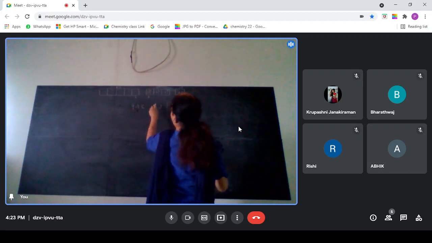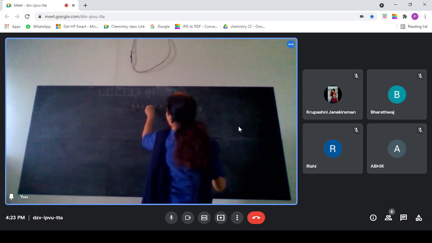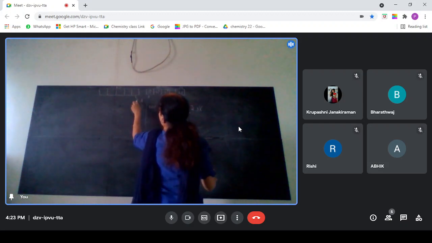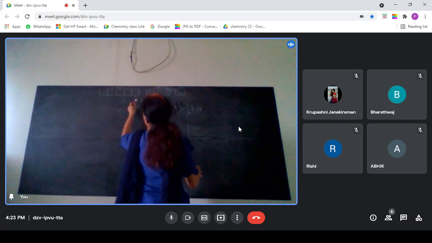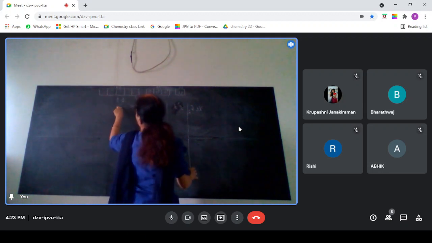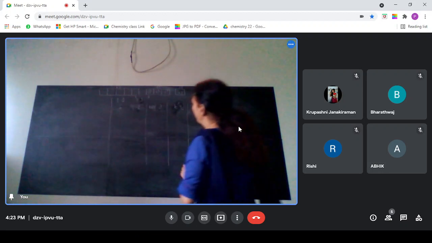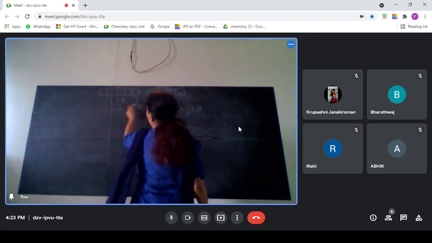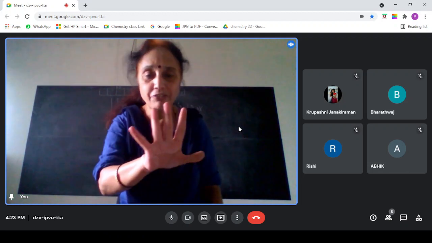So 5 pairs of electrons, lone pair 3, bond pair 2. This is the hybridization. Now, what is the expected geometry if it has got 5?